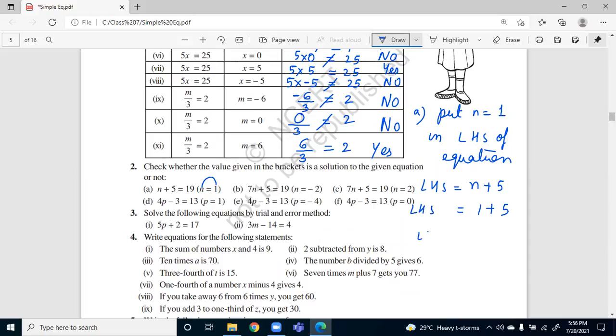So in left hand side, I am getting 6, and right hand side is 19. So you can say LHS is not equal to RHS. Therefore, n is equal to 1 is not the solution of the equation.